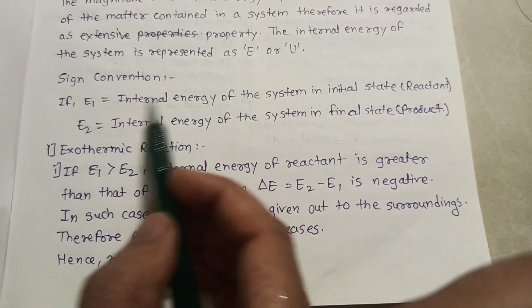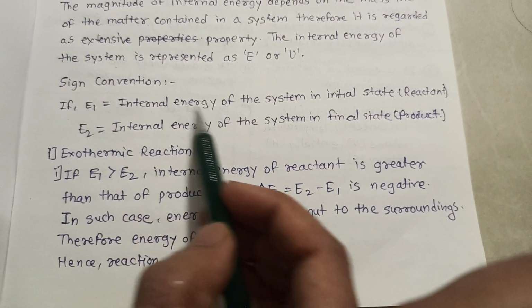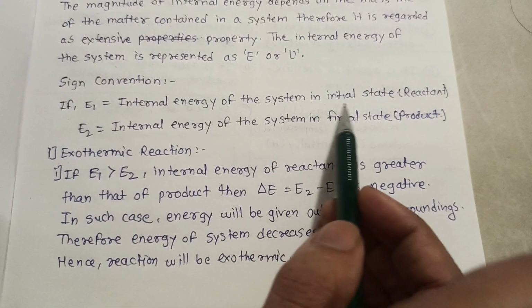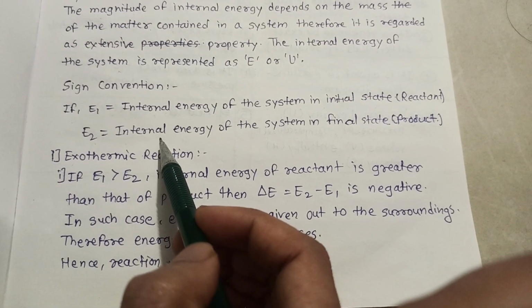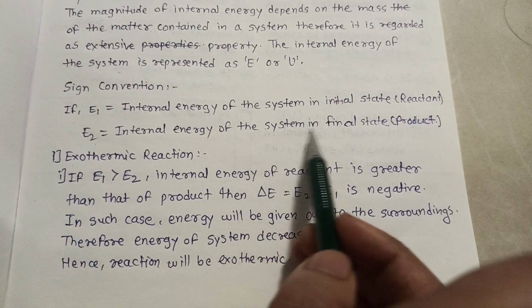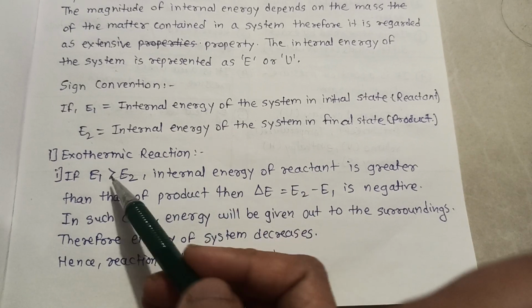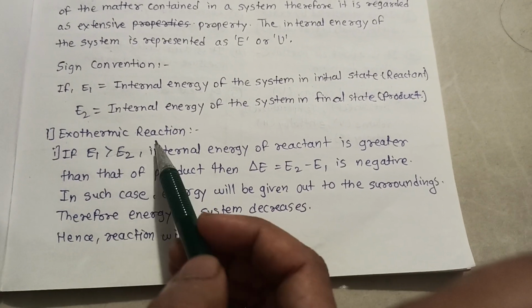Sign conventions. If E1 is equal to the internal energy of the system in the initial state, that is reactants, E2 is equal to the internal energy of the system in the final state, that is products. Exothermic reaction.